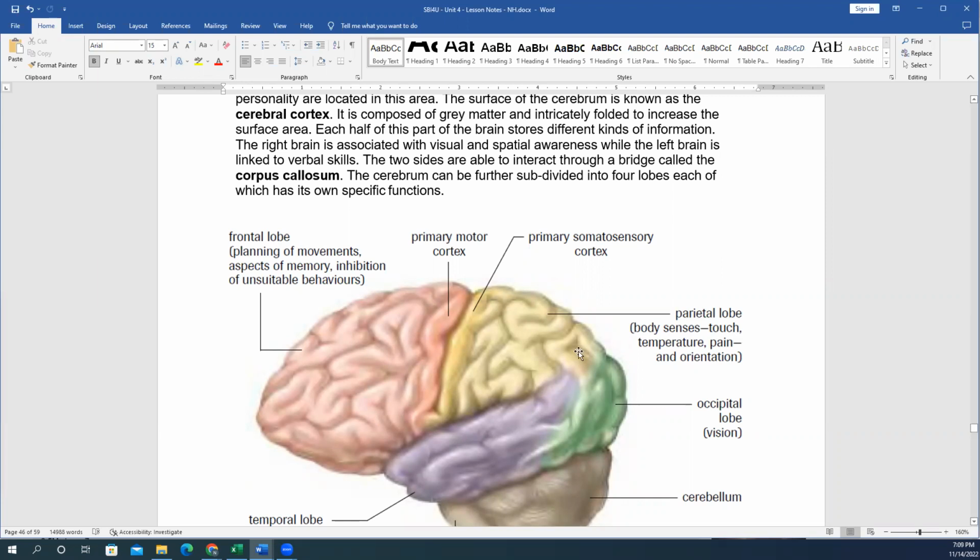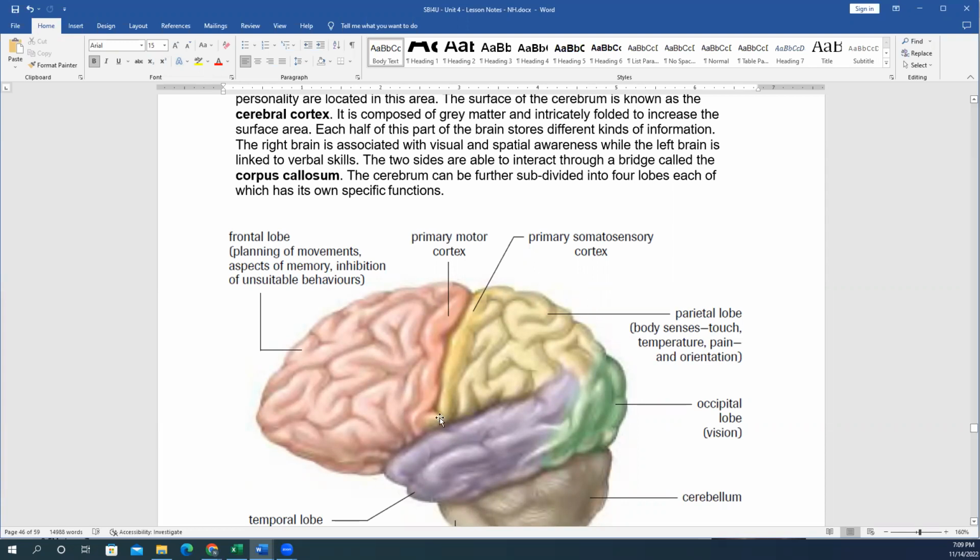The temporal lobe, here in purple, is the sensory areas associated with vision and hearing, and also links these vision and hearing associations specifically to memory and the interpretation of that type of sensory information.